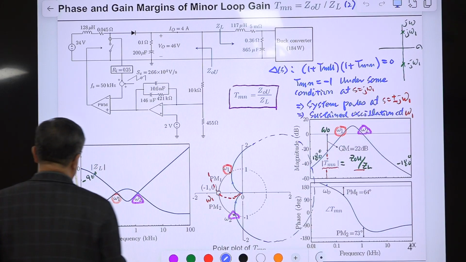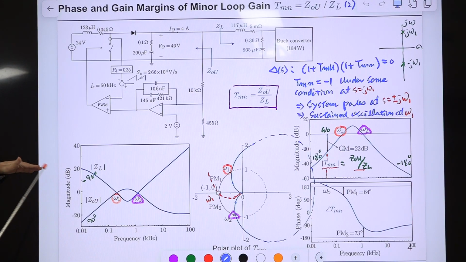And so the phase here is minus 180 degrees, but it is reduced to minus 90 degrees. There is some zero, and there is a pole, but it is an RHP pole. So phase wise, 0. The phase is becoming positive from minus 180.